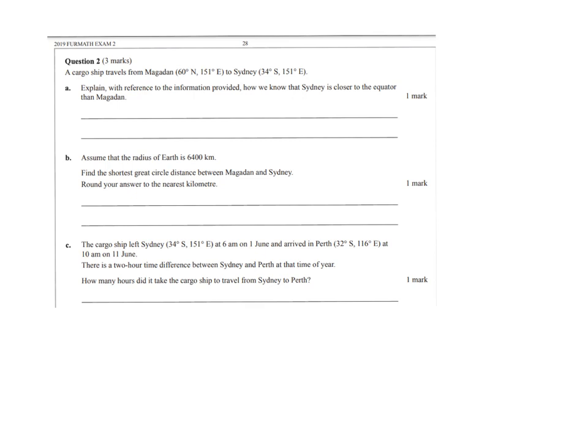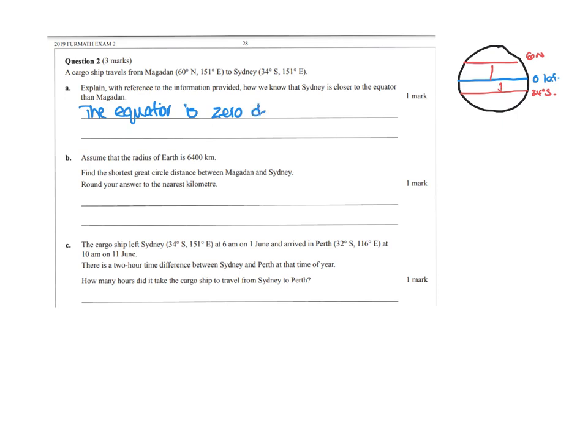So this one's not to do with the time zone, but if we think about the world, and we saw the other day, remember the equator is a 0 latitude, and obviously Magadan is up here, has gone up further, and it's on 60 degrees north, and Sydney it's not as far down, it's only on 34 degrees south. So you would need to write that in. So you'd probably say the equator is 0 degree latitude.